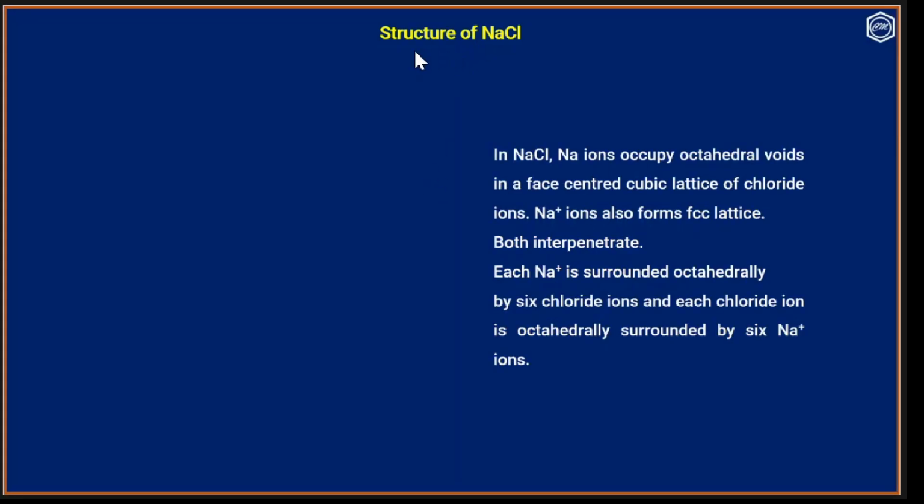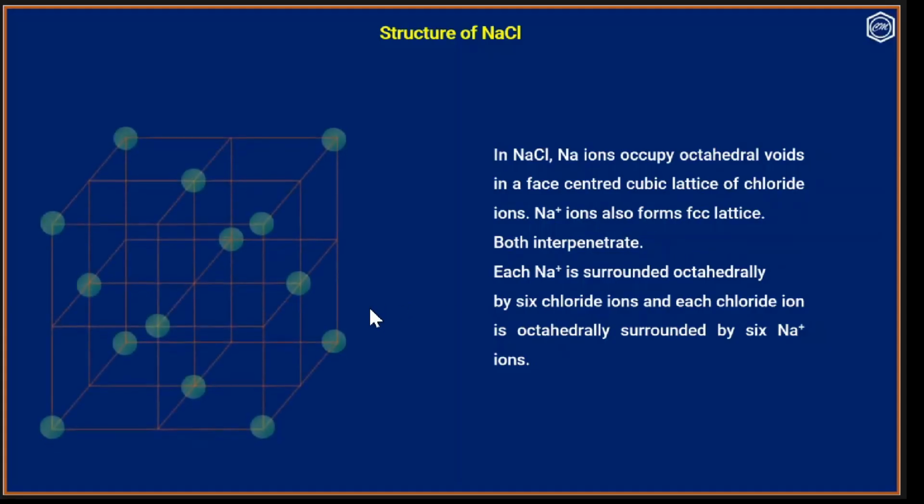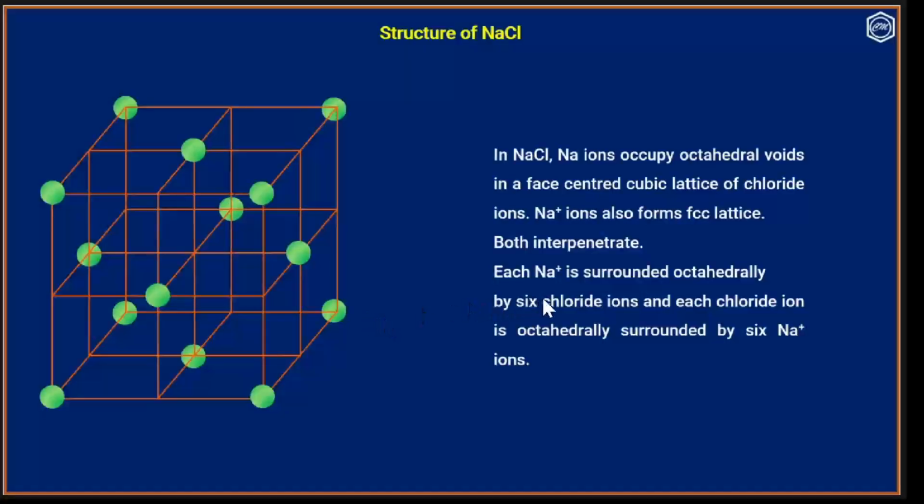Let us examine the structure of sodium chloride. In sodium chloride, sodium ions occupy octahedral voids in a face-centered cubic lattice of chloride ions. Sodium ions also form an FCC lattice, and both interpenetrate. Each sodium ion is surrounded octahedrally by 6 chloride ions, and each chloride ion is octahedrally surrounded by 6 sodium ions.